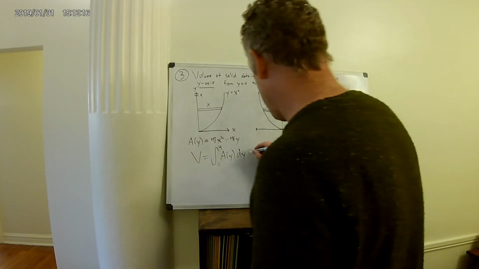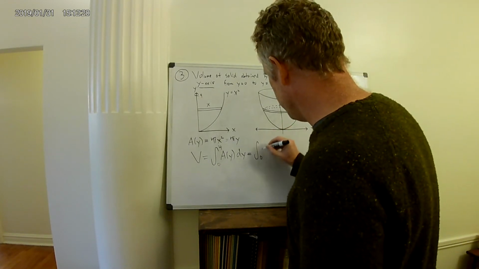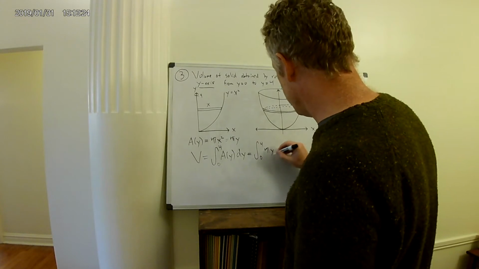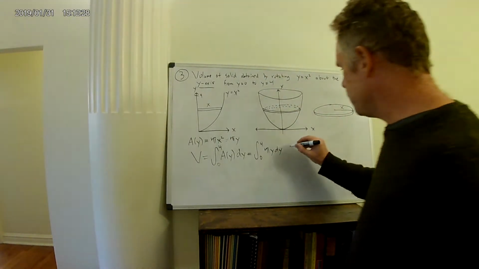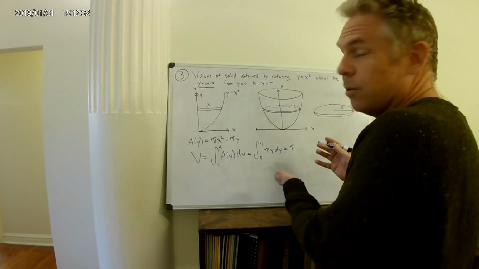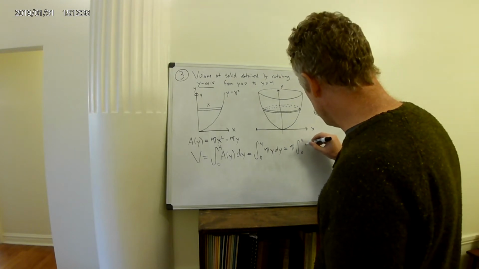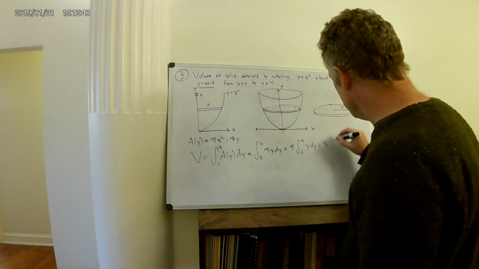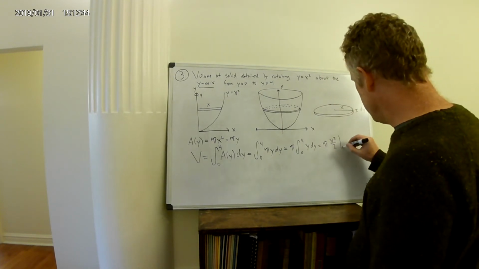And that would be equal to, let's plug in here, the integral from 0 to 4 of pi y dy. Okay, now we can pull out this pi, we can perform this integral. It doesn't matter if it's over y, we can still do the integral, use the same technique we've used. This is the integral from 0 to 4 of y dy. And if you evaluate this integral, it becomes pi y squared over 2, right?